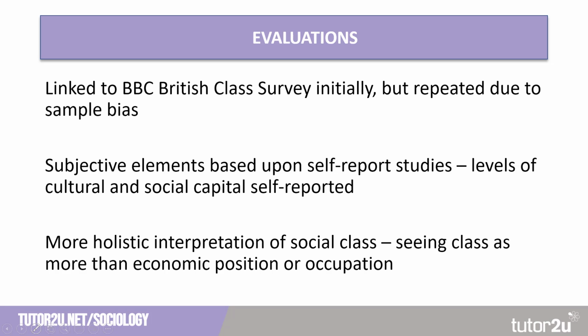A further evaluation is that the subjective elements that were based upon self-report studies, individuals defining what their economic, social and cultural capital were, meant that individuals could easily be placed into a different social class group than other people may have perceived them to be in.